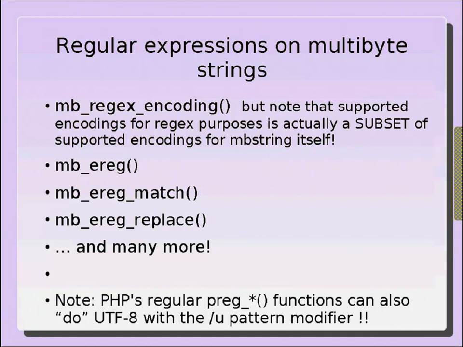I talked about how many weird and wonderful encodings mbstring supports. The supported encodings for regexes is actually not quite as many as that. It's just a select few of those that are going to work on your regular expressions. So when you're trying to decide the character set of your application, if you're going to be doing a lot of regular expression work, you might want to look into the supported lists for regexes as well. Okay.